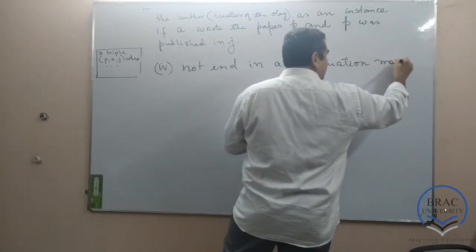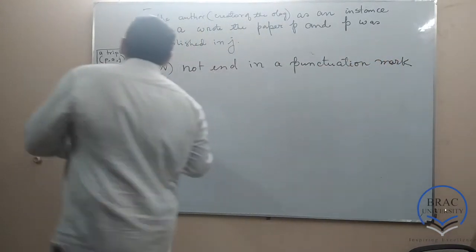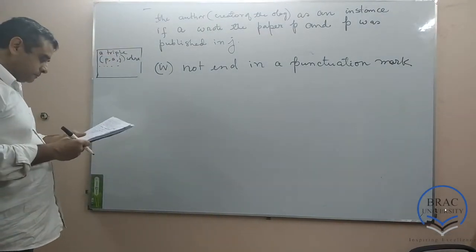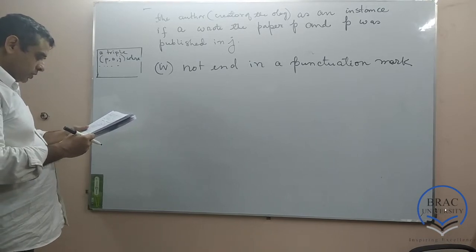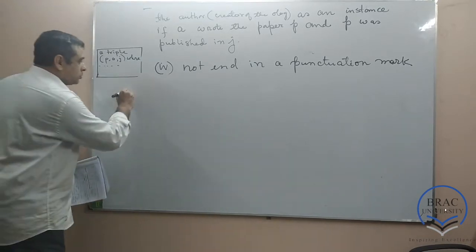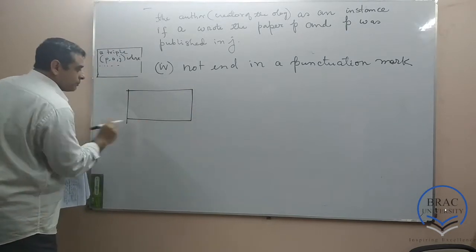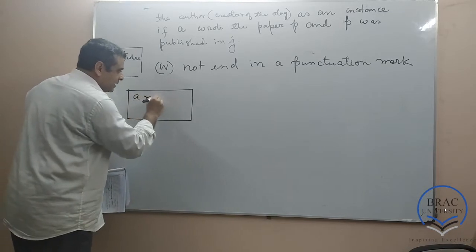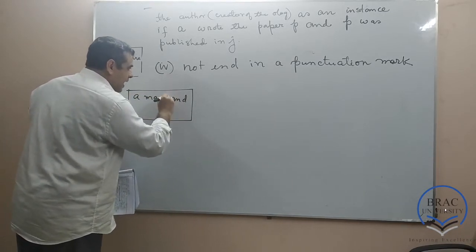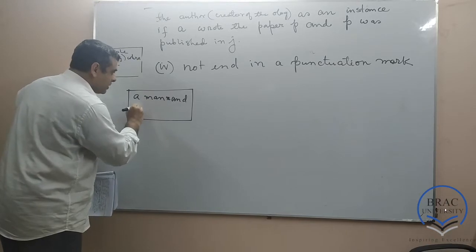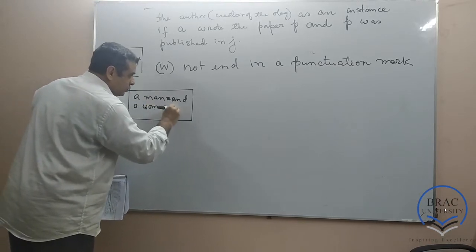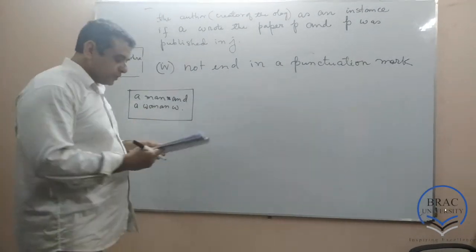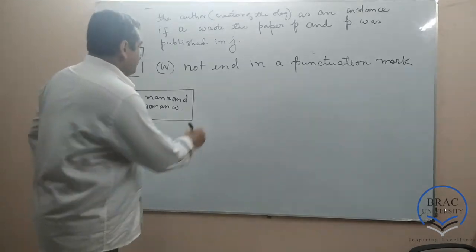That I mistakenly did several times while drawing these boxes and putting down the label of the boxes. Meaning that you should not put a punctuation mark inside the box, something like a man M, and a woman W. You don't end this statement with a full stop. No punctuation is allowed.